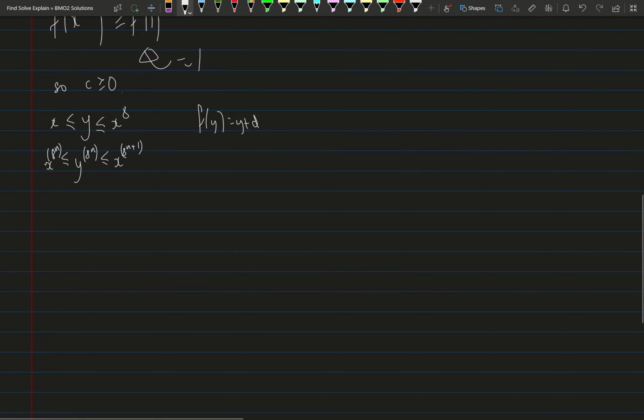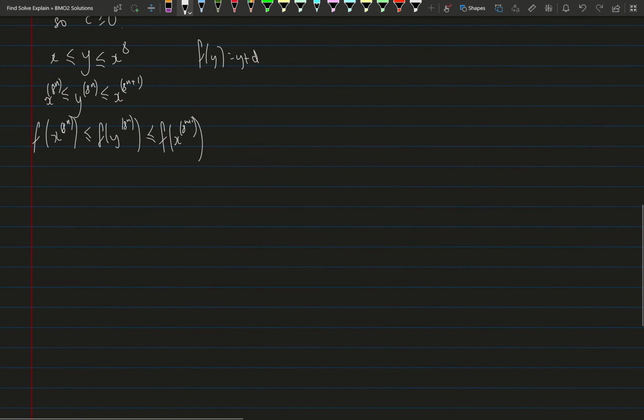And also from the question, we therefore know that f(x^(8^n)) is less than or equal to f(y^(8^n)), which is less than or equal to f(x^(8^(n+1))). Yeah, like that.